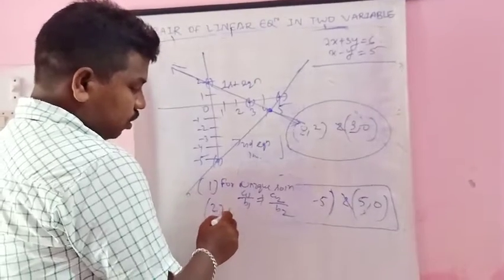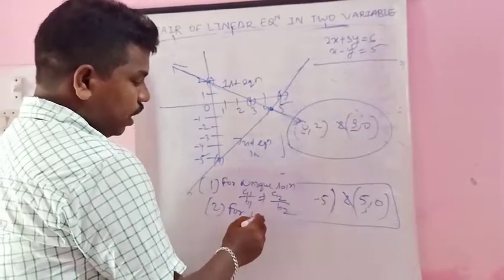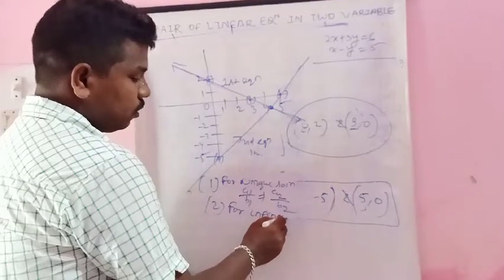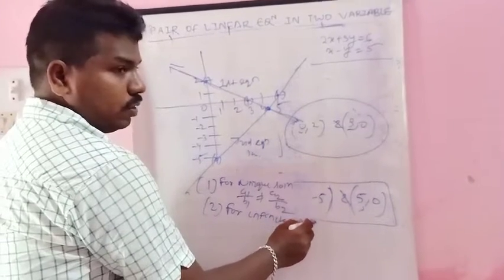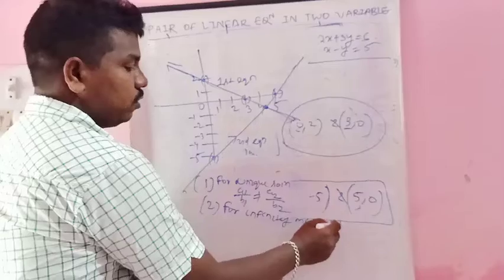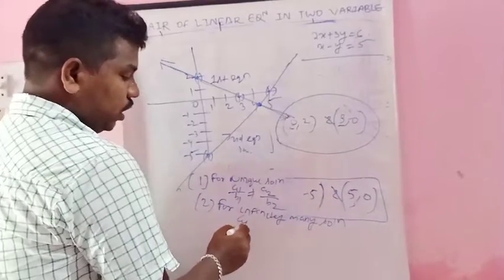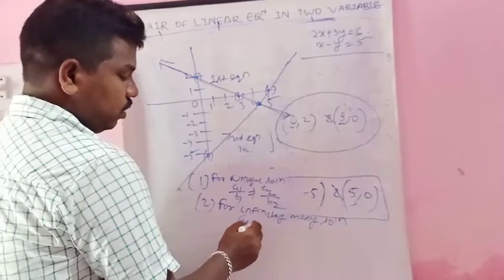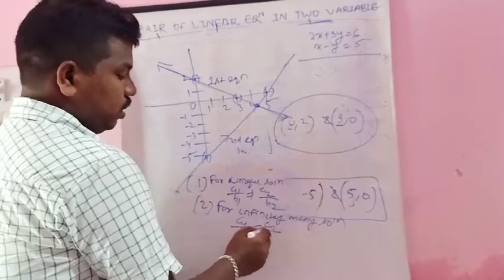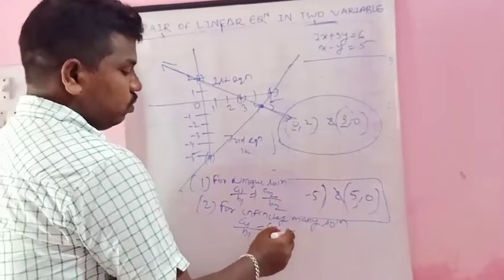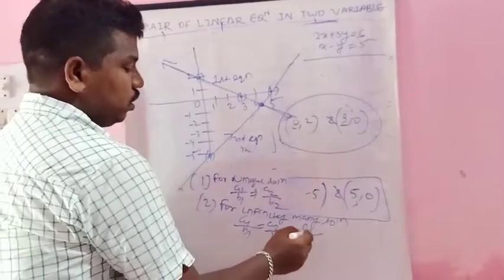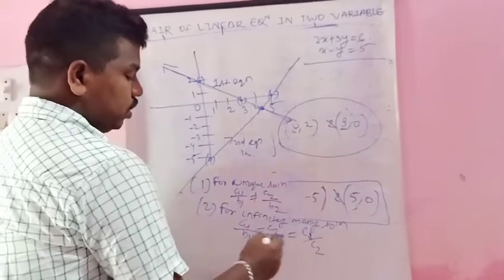The second rule is for infinitely many solutions. The condition is a1 by b1 equal to a2 by b2 equal to c1 by c2, that means all are equal.